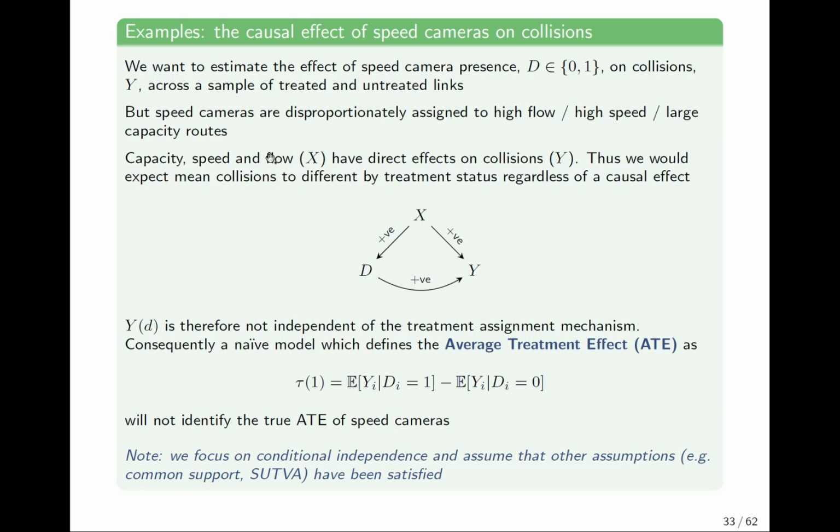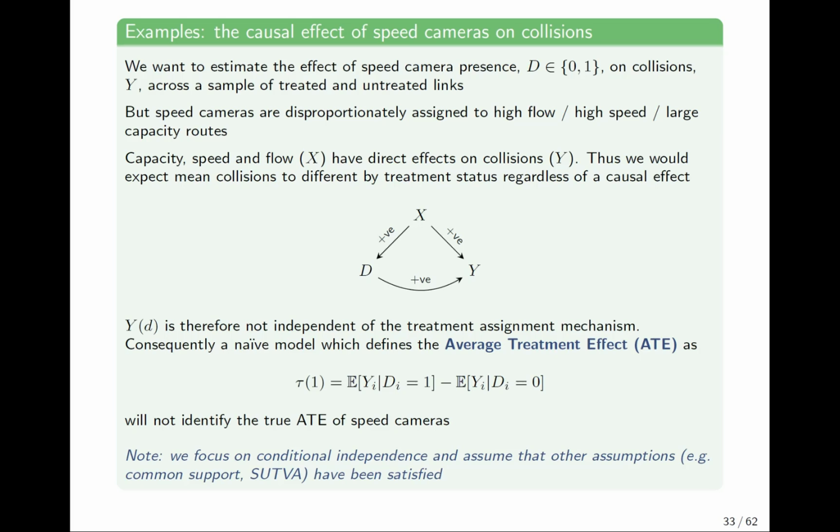And capacity, speed and flow in turn have a direct effect on collisions. So they have a positive effect on collisions, in the sense that higher capacity, higher speeds and higher flow are going to lead to a higher number of accidents. So we clearly have a backdoor path in this case, an indirect path, not necessarily causal I should say.